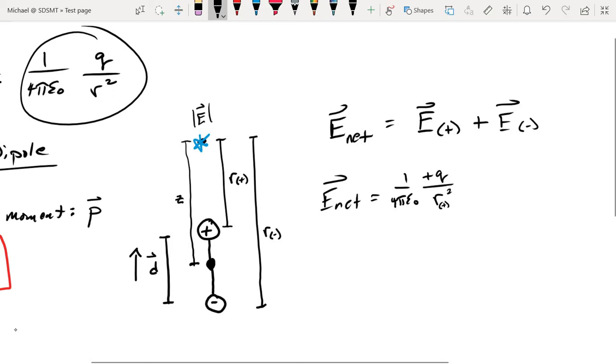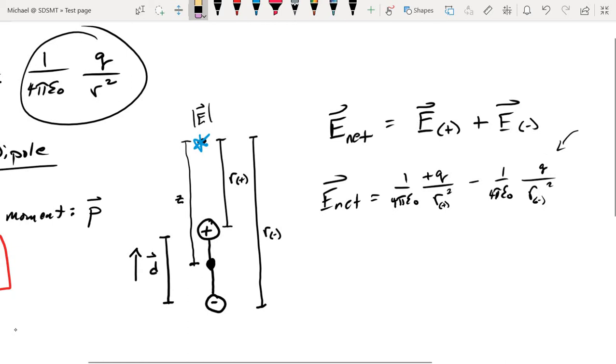And then we add to that the field that is being generated by the negative charge. So once again we have K, but now we have negative Q over R negative squared. And that negative sign is going to carry out to the front of that term.